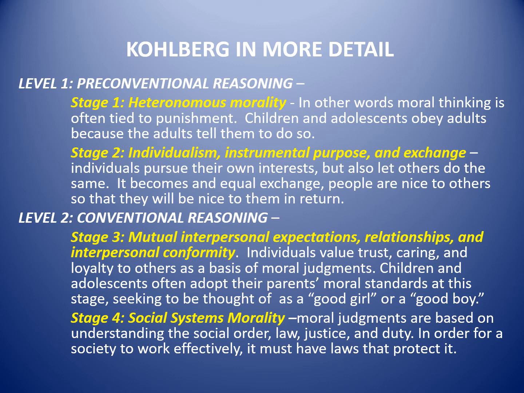So that's preconventional reasoning. The second level is conventional reasoning, and here you're not doing it for rewards and punishments, but for what you might call emotional or solidaristic reasons, which means that you start to value things like: I want to be trusted by someone, I want to care about people, there are people who I'm loyal to.